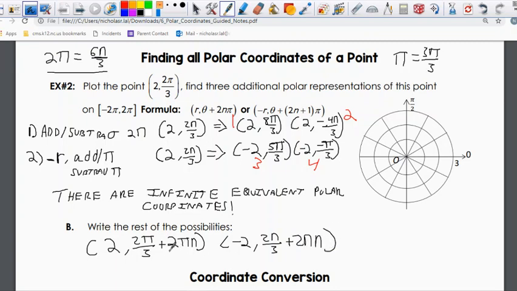The plus 2 pi n just means all other coterminal angles.